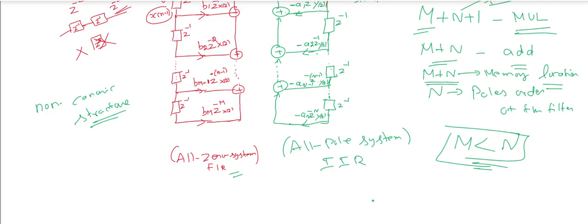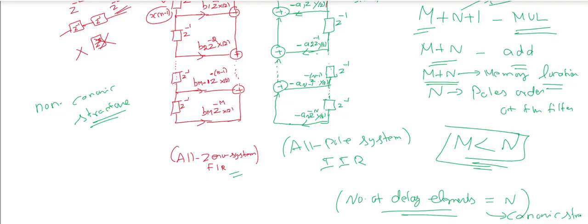N. If the required number of delay elements or memory locations is equal to N, it is called canonic structure. So in this diagram, direct form one structure is not equal to the order because M plus N memory locations.